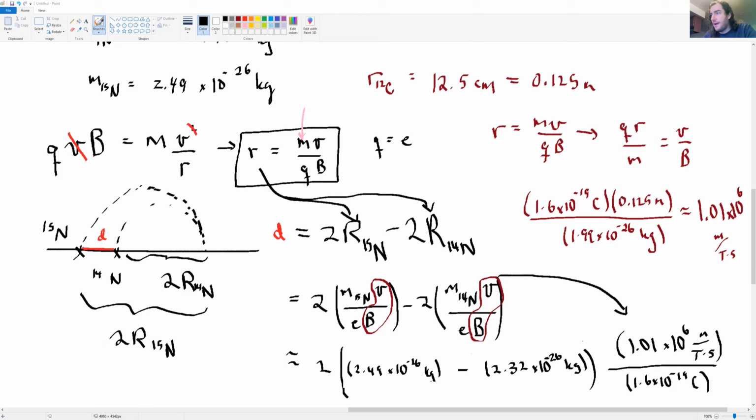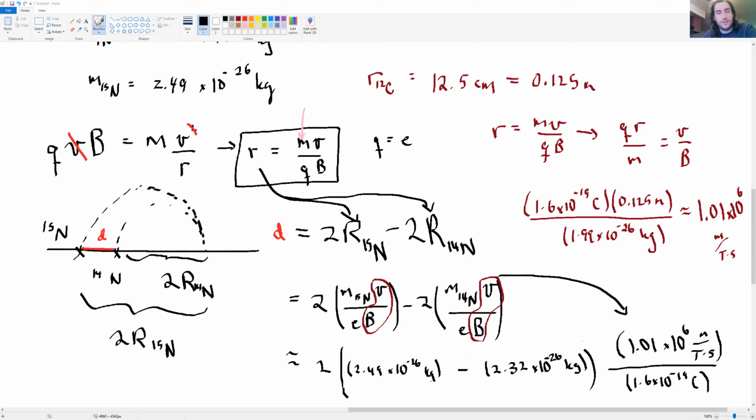That's just the factor out in front that I would calculate first. And then I would do new parentheses 2.49 times 10 to the minus 26 minus 2.32, and probably you could just do this in your head here. It's 2.49 minus 2.32, so it's just going to be 0.17. I'll go ahead and type the whole thing out into the calculator here though.